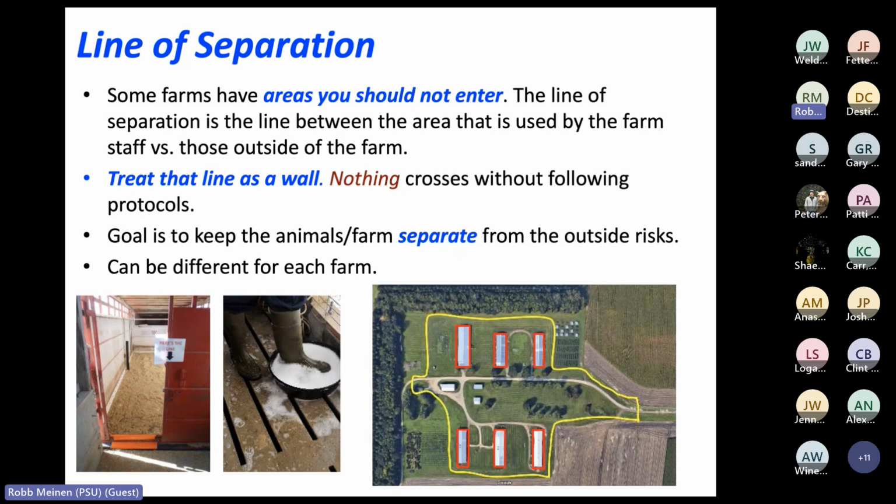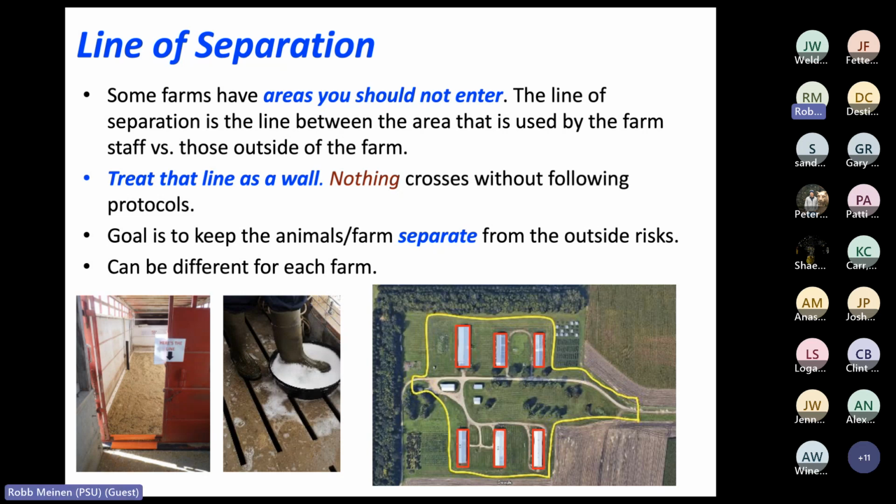Here in the bottom, we have 3 photos. The first one is just at the end of a ramp, a loadout chute, and we have a trailer. That orange tape was put on there to show us the line. If we were loading animals out of that barn and someone came with a trailer to take the animals away, we wouldn't step on the trailer as an employee of the barn.